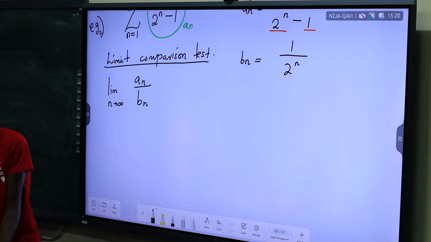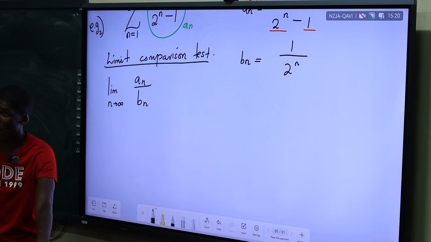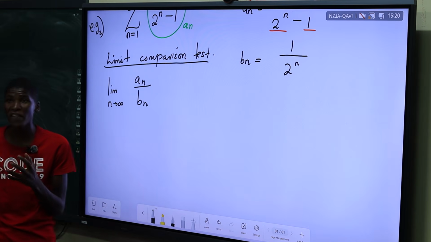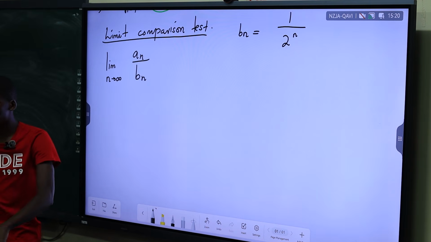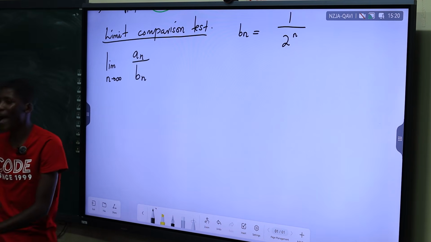That is the basic definition of a limit comparison test. An is the original one, and bn is the one that you have extracted, the one with the most significant denominator. So you have the limit of an over bn, and you solve the limit to see its value.